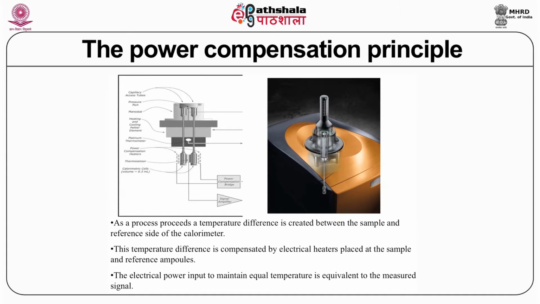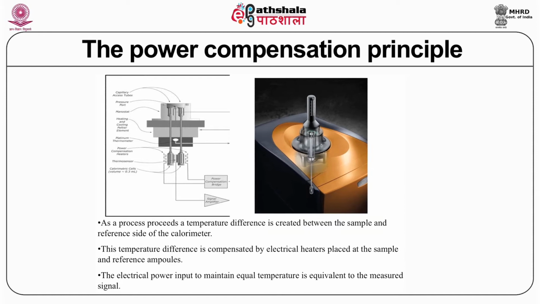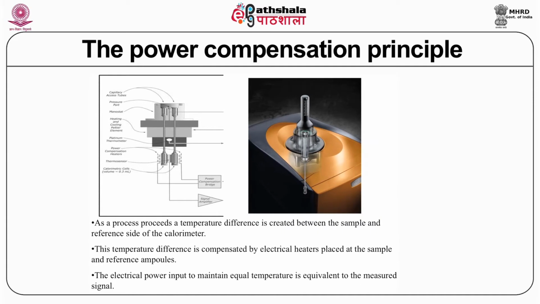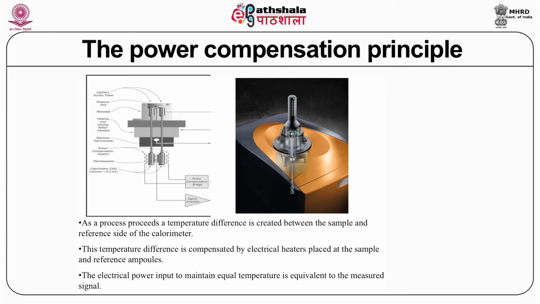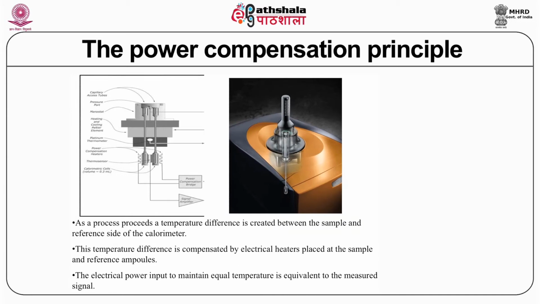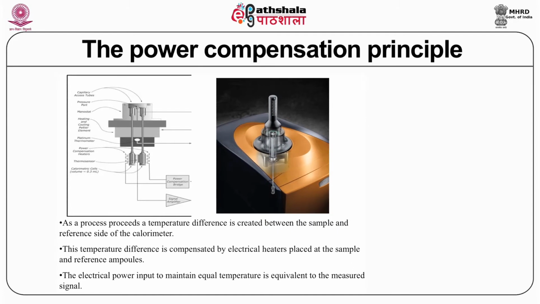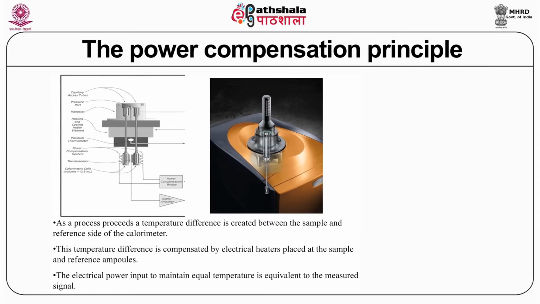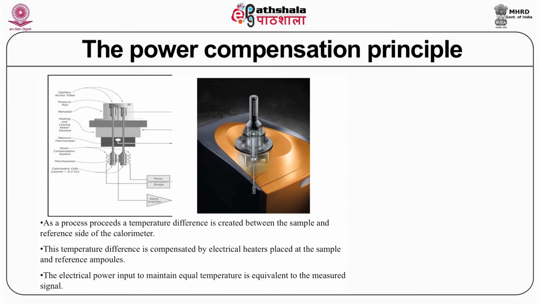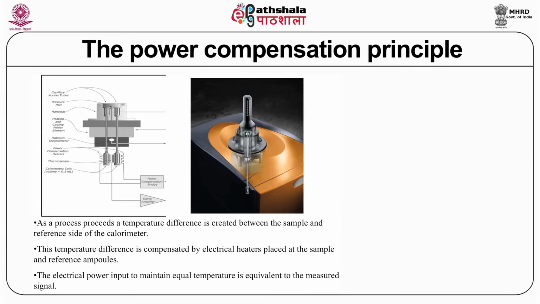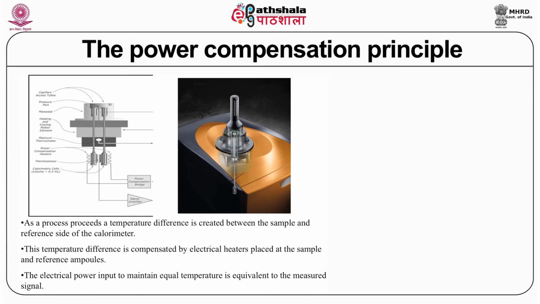There is a thermometer that measures the changes, and the power compensation is done by a thermocouple. Depending on the reaction, whatever heat change occurs, power is compensated, and that is measured by the amplifier. So, the electric power input to maintain equal temperature is equivalent to the measured signal, and that in turn is equivalent to the heat change happening in that particular reaction. So, this is grossly the principle.